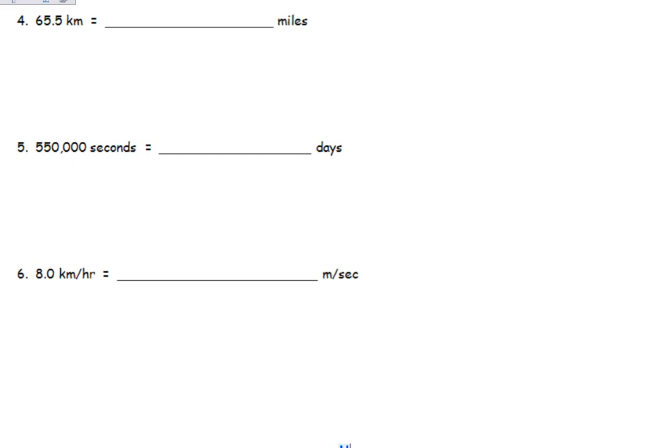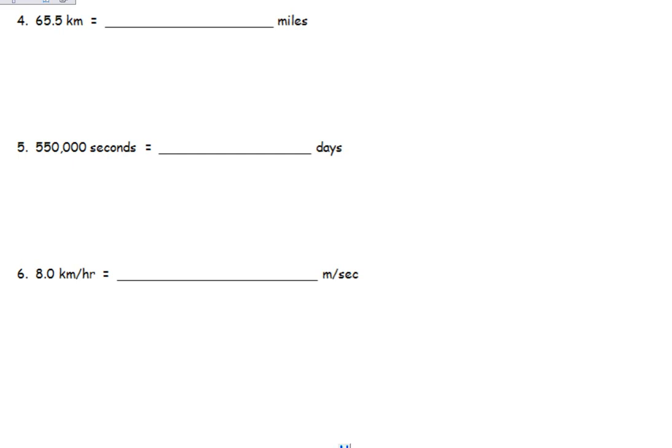So I might have to string a couple proportions together. The only one that has miles is feet to miles. So if I work backwards, I can go feet to miles. I could go yards to feet. Ooh, I could go meters to yards. Now you have a few options.